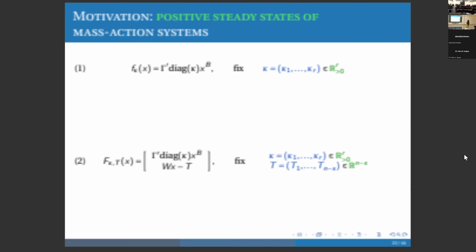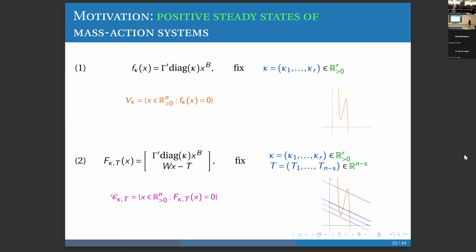And then I want to look at the positive solutions of both systems. The first one gives me the positive steady state variety. The second one gives me the set of positive steady states in a precise stoichiometric compatibility class. And this is what I write, like it's dependent on K and T. And yesterday we were talking about whether there are more than one point in this intersection, right?